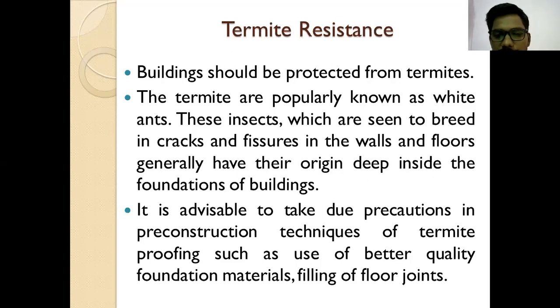Generally, whatever plinth filling is there, we have to compact it well, so we will be able to protect the building from termites. Also, if we provide wooden material for the construction and insert that wooden material into the ground surface, then we have to provide anti-termite paint and all those things.